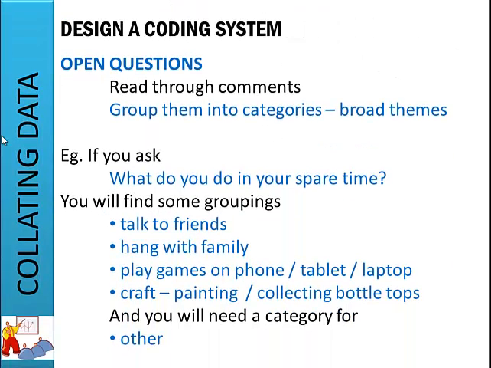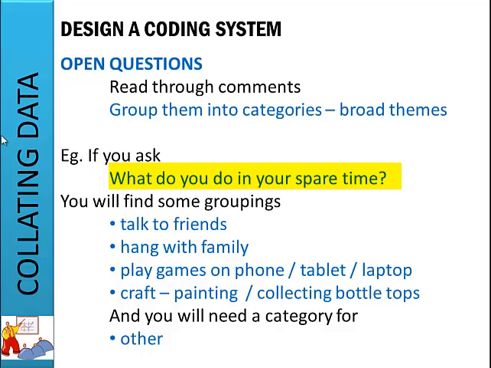Now, open questions. They're a bit trickier to manage, and we need to read through the answers and see if we can group them. We'll probably find that the answers largely fall into a few groups, but we'll also need a category for other. So if we look at the information on the screen there, the question was, what do you do in your spare time?